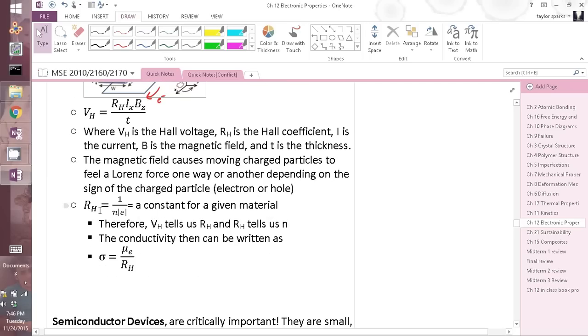This RH, the Hall coefficient, is equal to 1 over n, the number of carriers, multiplied by their charge. Therefore, we can not only calculate what type of carrier is present, but we can calculate how many. So this is a great tool to measure the number of free electrons or free holes in your material, which is important for electrical conductivity properties.